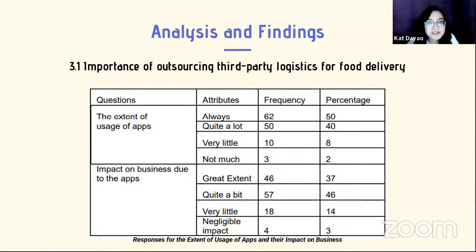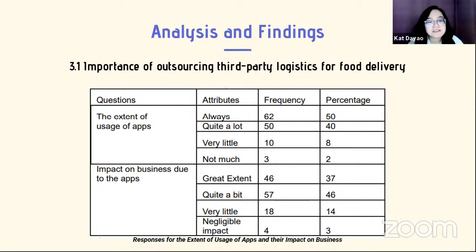Then the response for the extent of usage of apps for the restaurant's food delivery and their impact on the restaurant business was analyzed. The responses are recorded in the table that is shown in this slide. So maximum respondents, that is 50%, always use third-party apps. 40% of them use quite a lot. 8% use very little, and 2% do not use much.